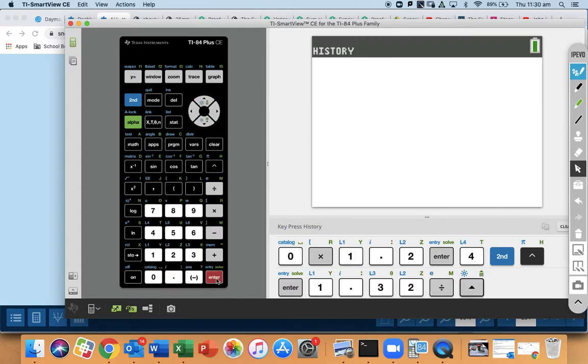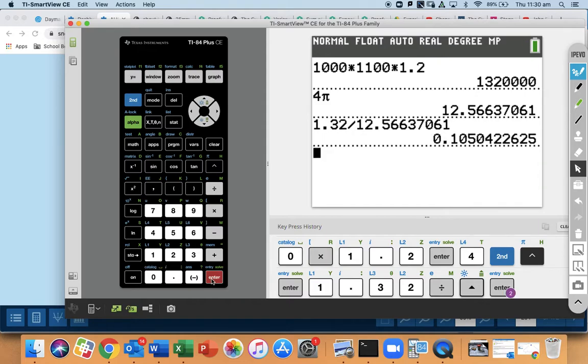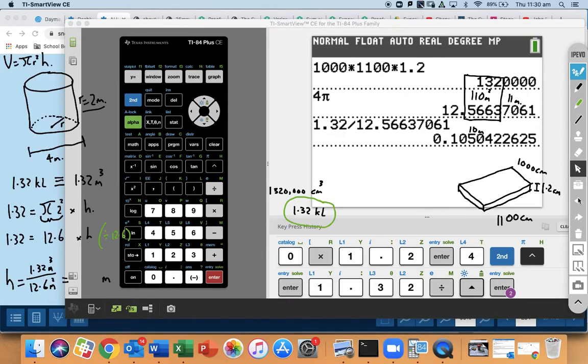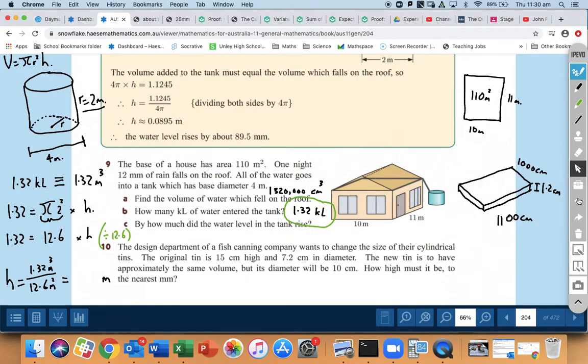Well, I've got the number here, and that equals 0.105. Let's call it 0.11 approximately. Okay, back to the question, and we are done. 0.11 metres.